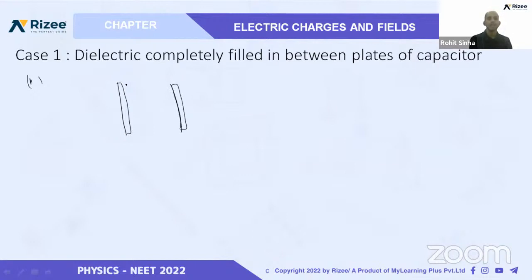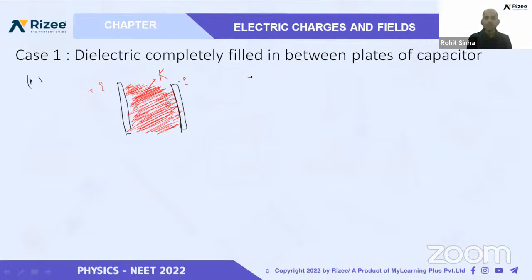Now, if in between these two parallel plates I fill one material totally, a dielectric with dielectric constant K, with plus Q charge here and minus Q charge here, what will be the result?